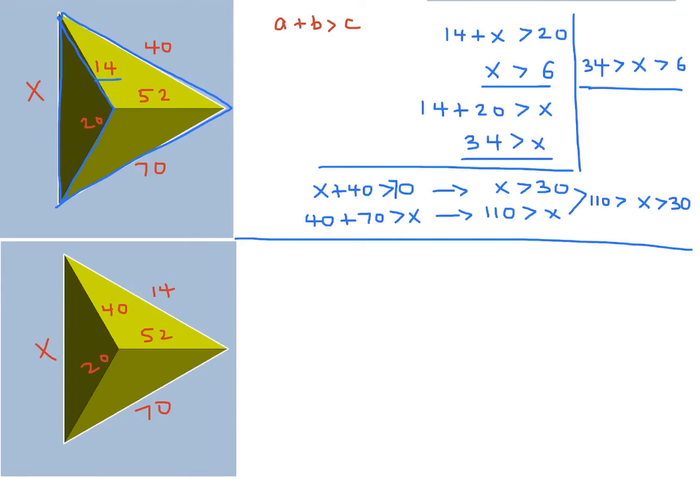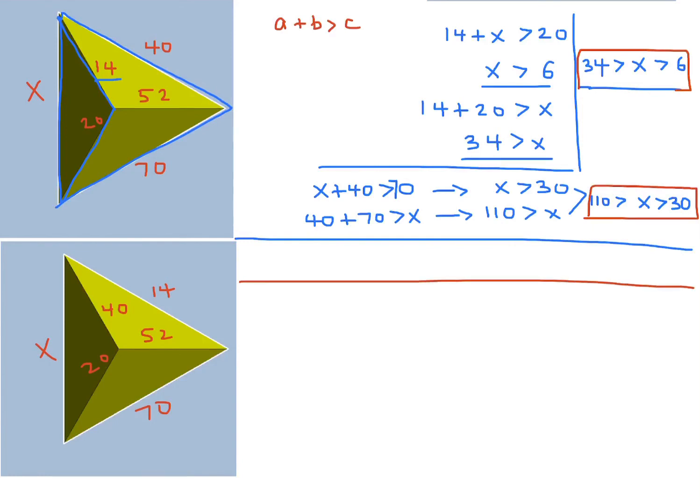Now what we have to do is combine these two guys. Now how do we do that? Well, if you have a number line, let's say, simplest way to do it I think is a number line, and we've got x, we've got 110 here, we've got 34 here, 30 here, and 6 here. From our first one, x is between 6 and 34, so it's somewhere here.